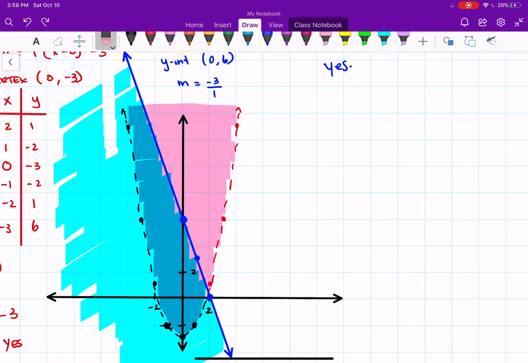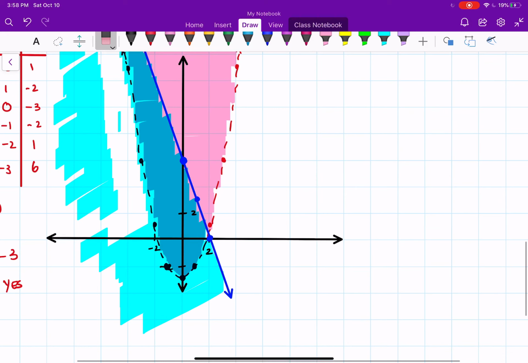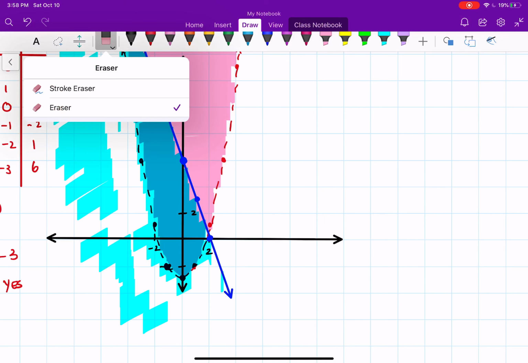Undo. Of course. It's much harder to do.